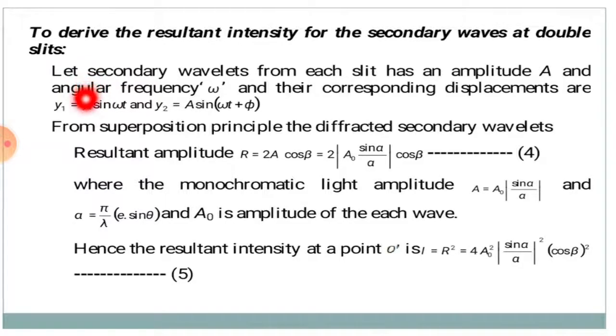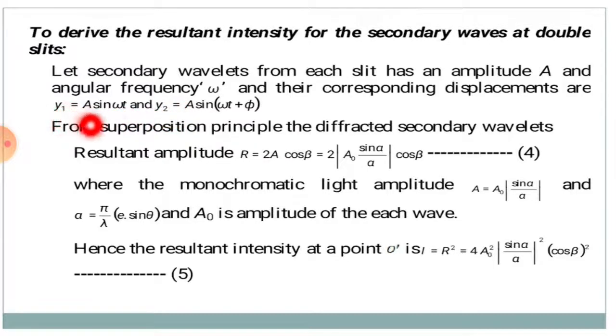Here the secondary wavelets from each slit have amplitude A and angular frequency omega, and their corresponding displacements are y1 equal to a sine omega t and y2 equal to a sine (omega t plus phi). Here y1 gives the displacement of the wave diffracted from the first slit, and y2 gives the displacement of the diffracted wave from the second slit.